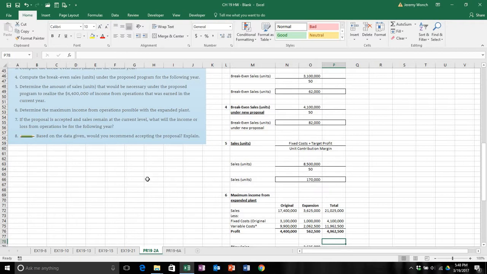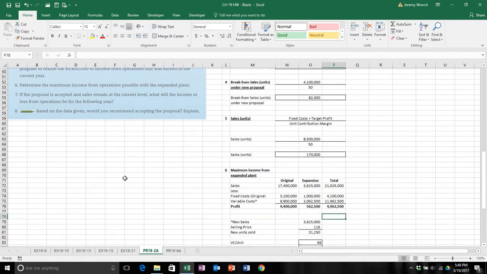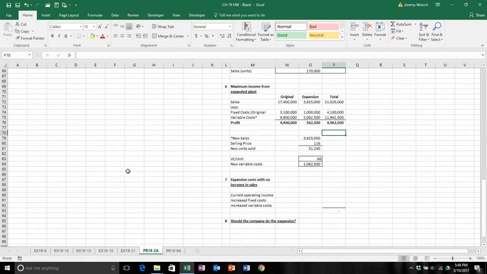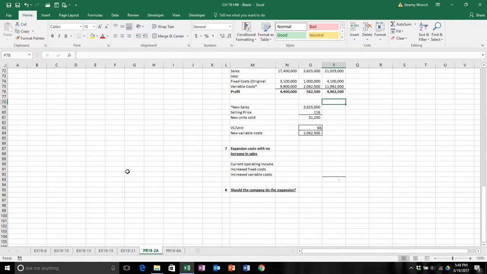Okay, number 7. If the proposal is accepted and the sales remain at the current level, what will the income or loss be from operations? So if we go through all the trouble of expanding the plant, but we don't increase sales, what's going to happen?